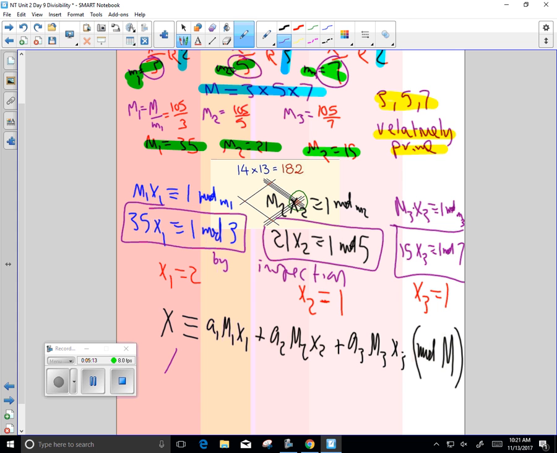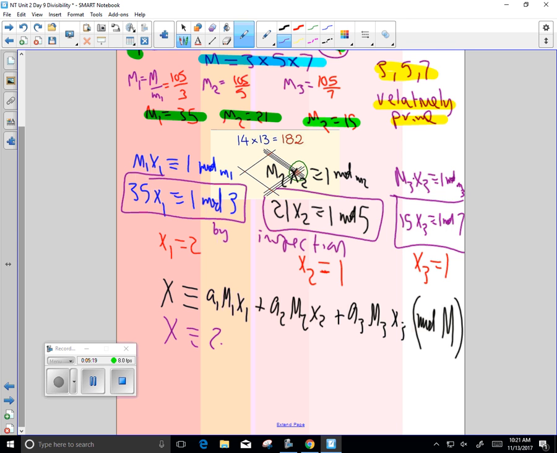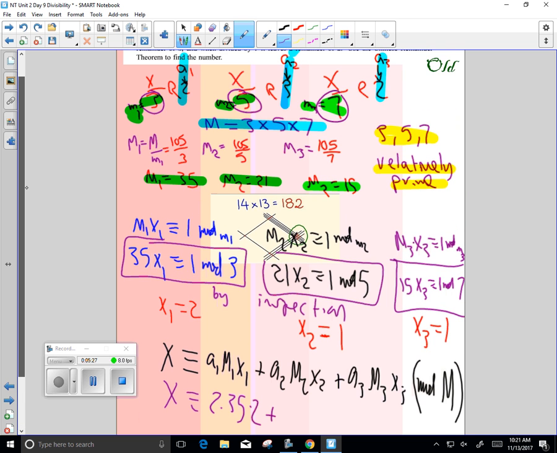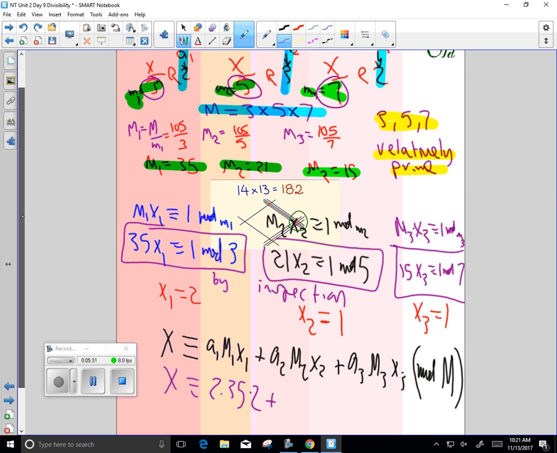x is congruent to a1, which was 2, M1 is 35, x1 is 2. a2 is the remainder of dividing by 5, which is 3, right?